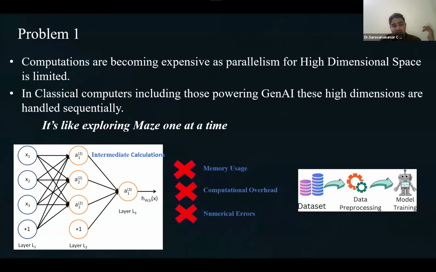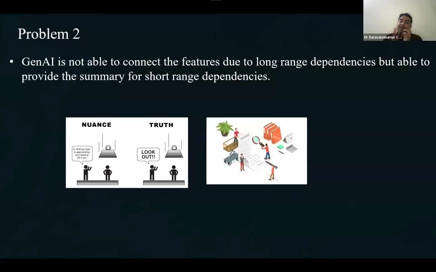As I've told you already, when you want to solve a maze, it is solvable even today with GenAI one at a time, but not simultaneously. So for that, when you use high-end cloud machines, it's too costly, because a normal cloud machine with 12 GPUs or 8 GPUs costs around 2,000 euros, that is 1,60,000, or not 1,80,000 per month per system. So because we are spending crores and crores on machines, especially on cloud, Amazon, Azure, things like that, it becomes costly. The second problem is very interesting.